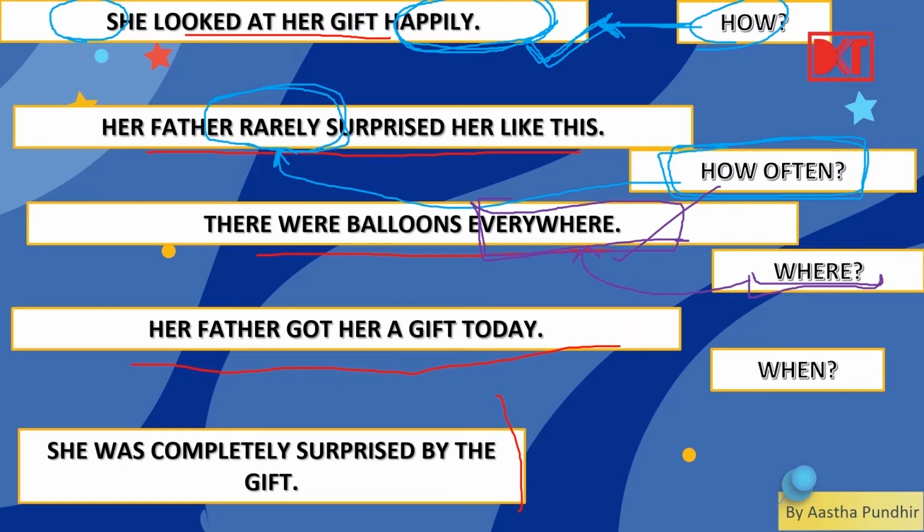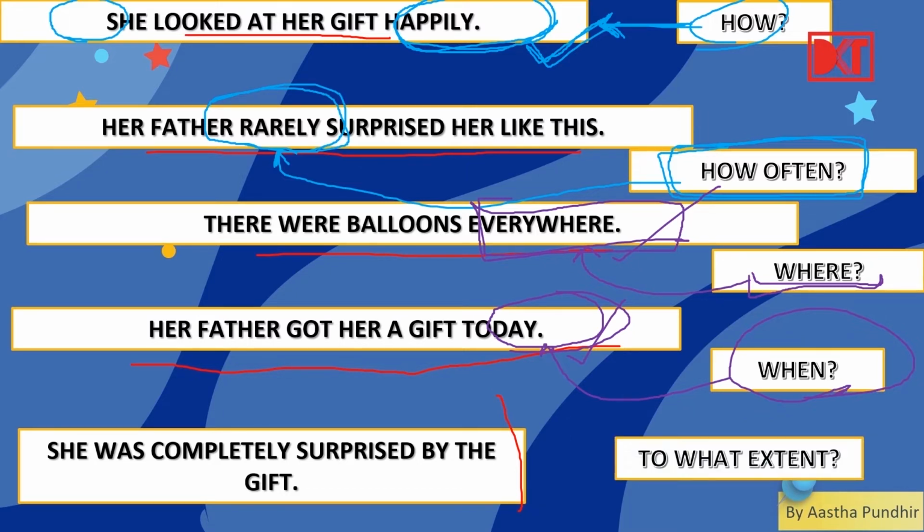The next question being answered is of when. Now when. Her father got her a gift today. When did her father get her a gift? Today. Alright. So the adverb here is today. Because what are adverbs? They describe a noun, adverb or adjective and answer questions. So here it has answered when.